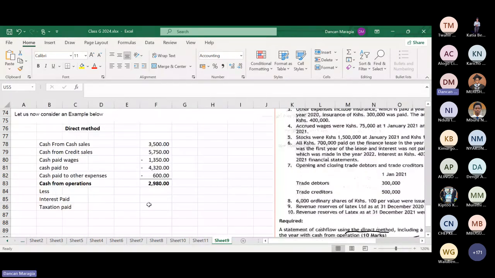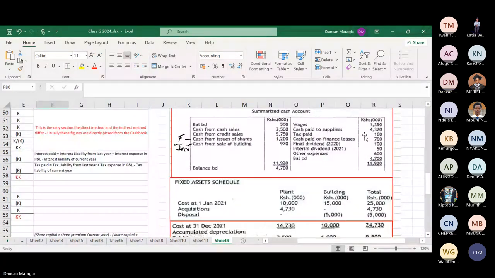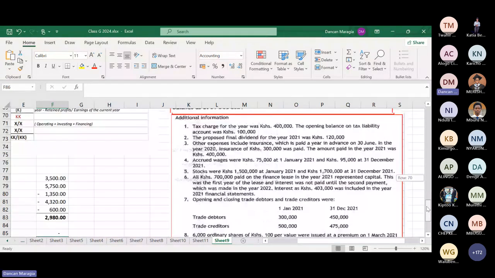So that means there was no interest paid in the period you've been told, so 0. Then there is the taxation paid in the cash book, which is given as 100,000, so negative 100,000.